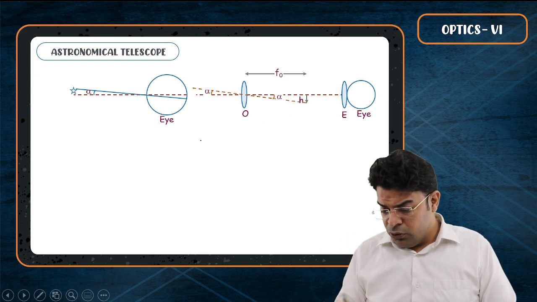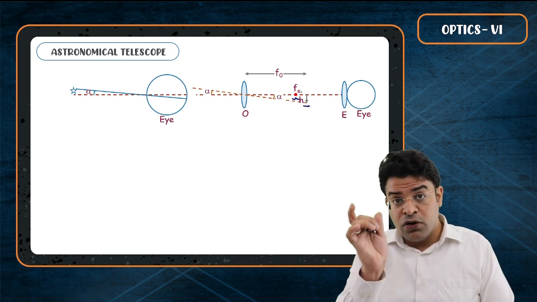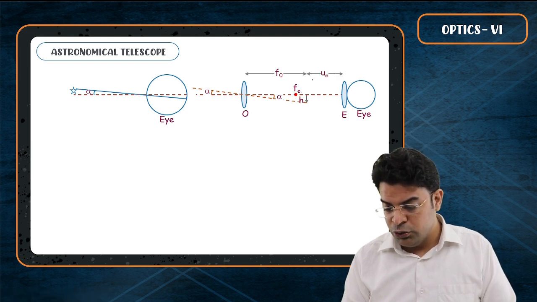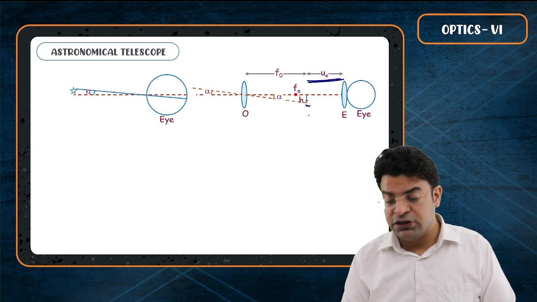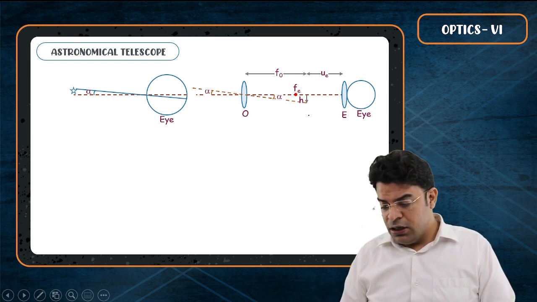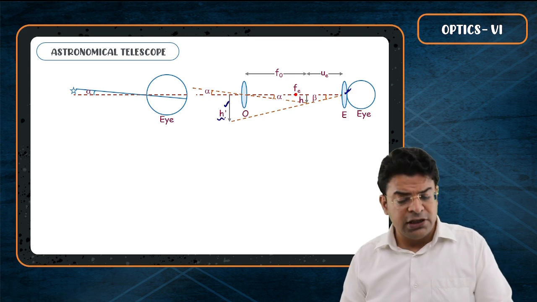So do remember that this image formed by the objective should lie within the focal length of the eyepiece, and let's say this distance is UE, the distance of the image formed by the objective from the eyepiece. Now this eyepiece forms a virtual image of, let's say, height h dash.